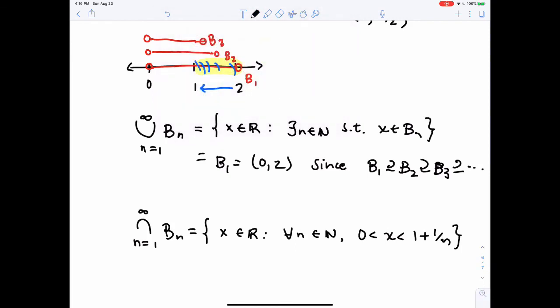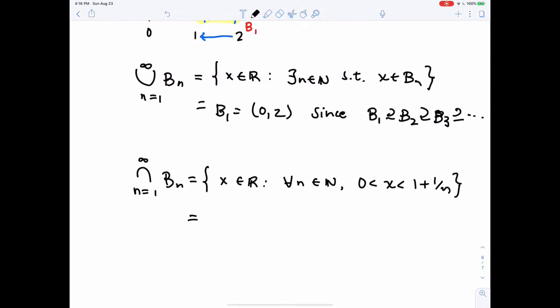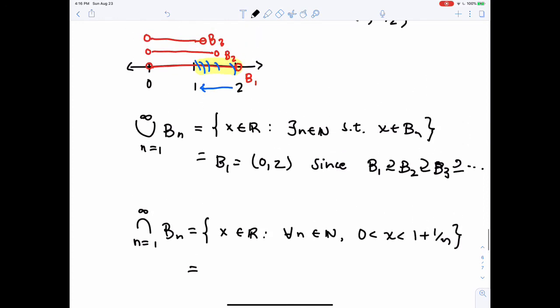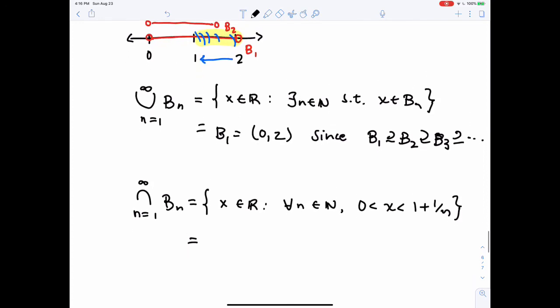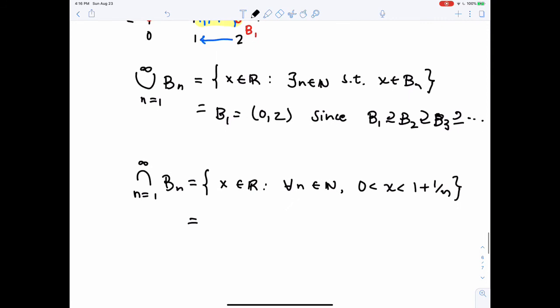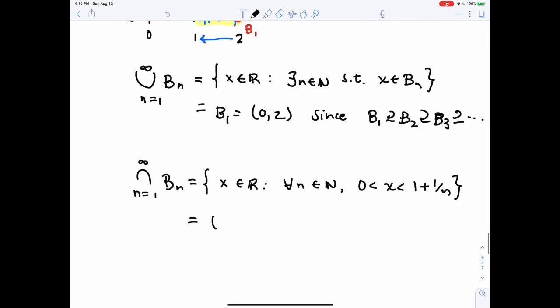So you may guess that the endpoints of the intersection should be 0 and 1, but then we wonder, do we include 1? We know we don't include 0 because 0 isn't even in the first set, B1. But do we include or exclude 1?